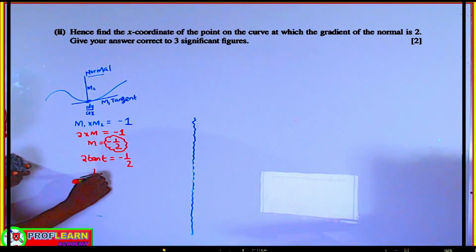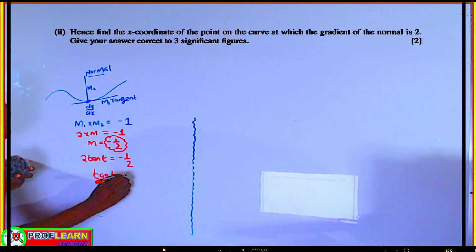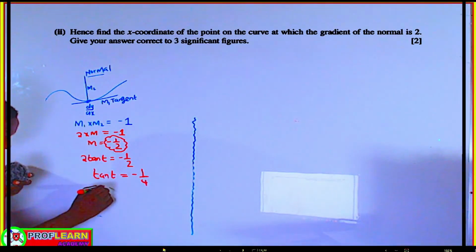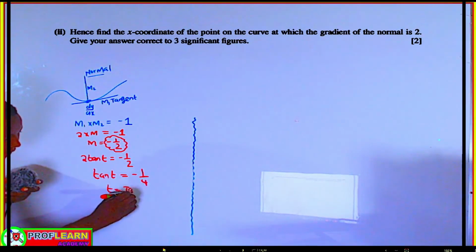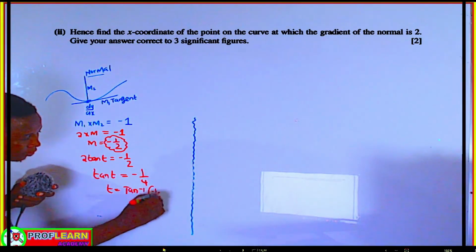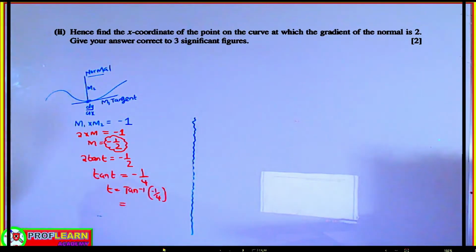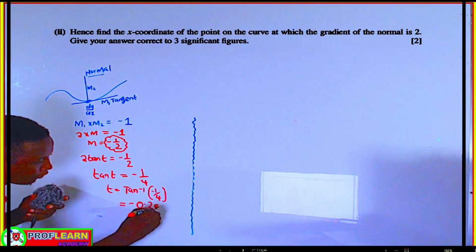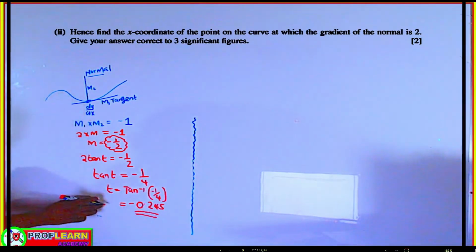So it means tan t is -1/4, implying that t is going to be the tan inverse of negative 1/4. If we work that out, we are going to realize that our answer is going to be negative 0.245 as the value of t.